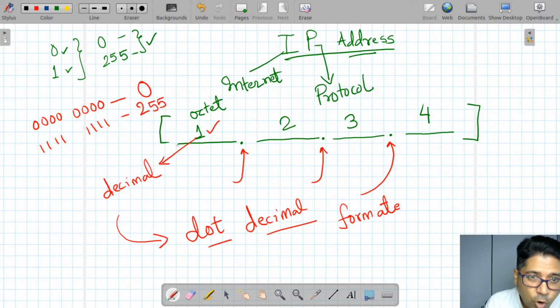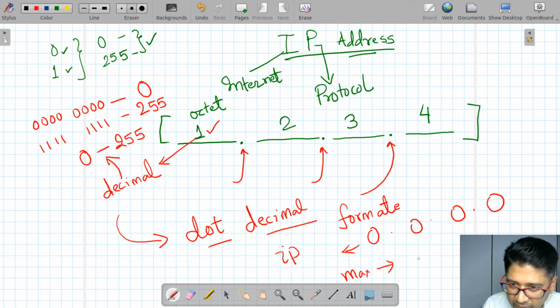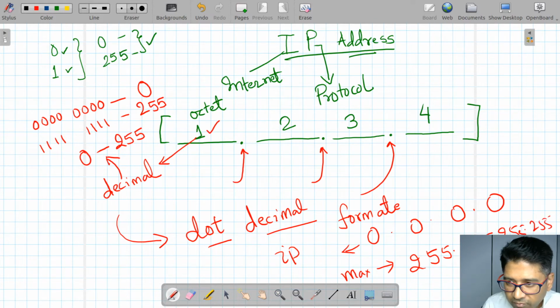So the decimal value of a single octet will start from 0 and go maximum up to 255. So an IP could be written like 0.0.0.0. This is the lowest IP address. And the maximum IP address will be 255.255.255.255. Agree?